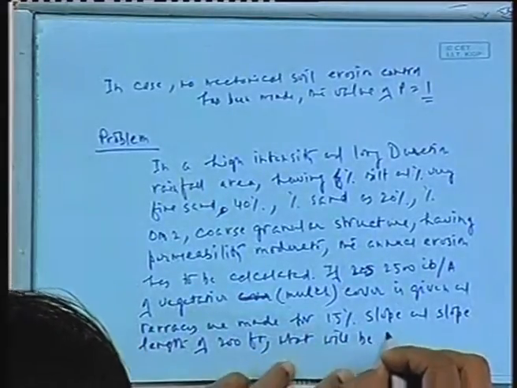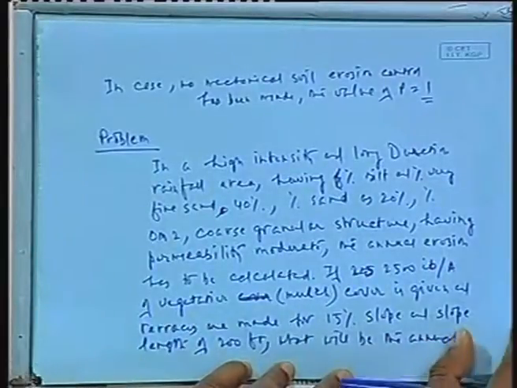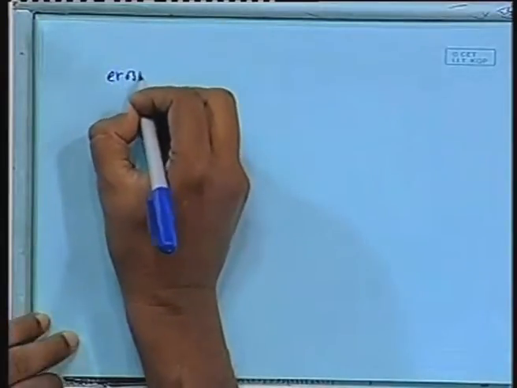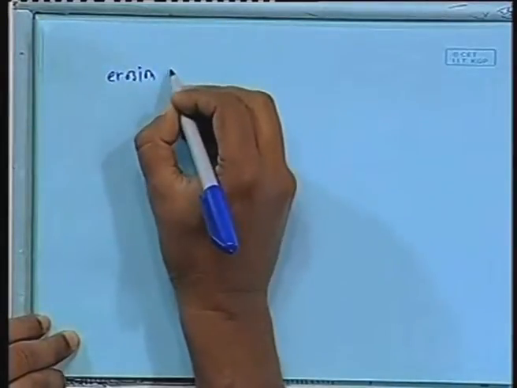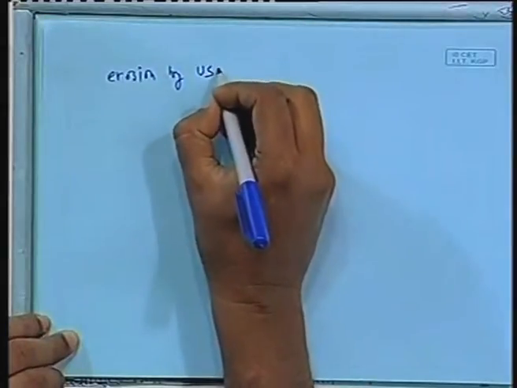What will be the annual erosion by the universal soil loss equation?